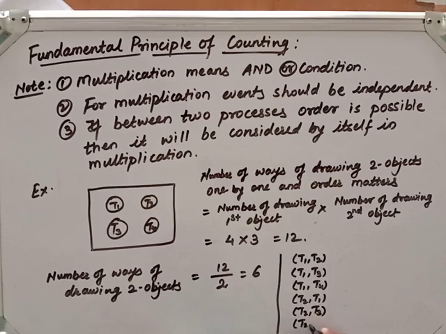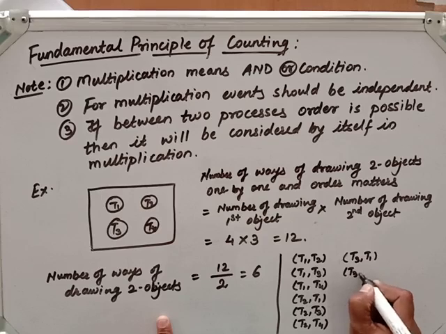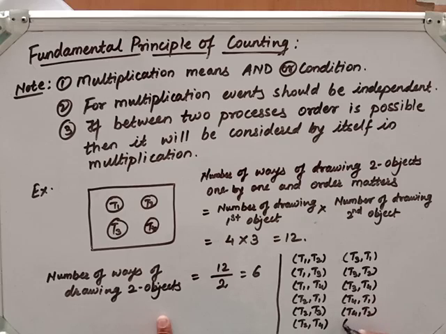Again T2, T4. Then suppose T3, T1. T3, T2. T3, T4. T4, T1. T4, T2. Then T4, T3.